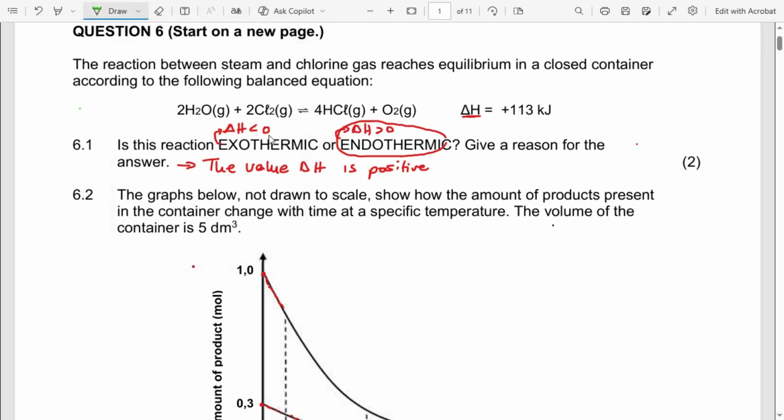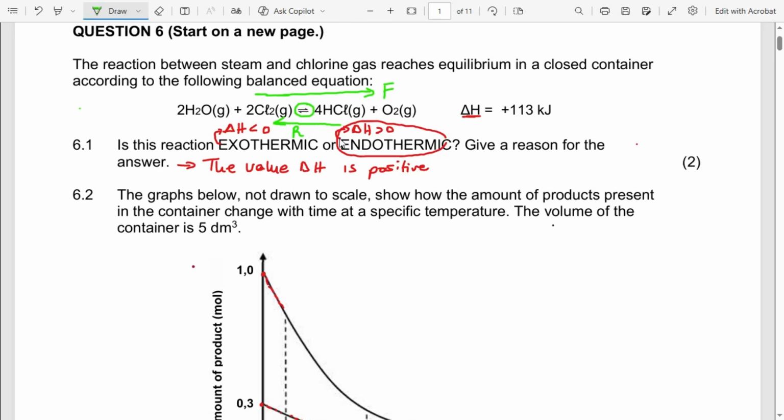If you look at this double arrow here, it tells you that the reaction is reversible. The arrow on top of that double arrow is for the forward reaction, then the one on the bottom will be for the reverse.